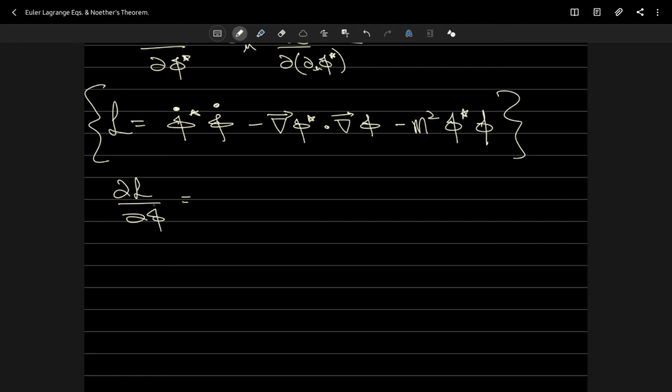I have derivatives in these first two terms, so those would be just 0. But in this term, we have phi star and phi. If I take the derivative with respect to phi, phi vanishes, it becomes 1, and we are left with minus m squared phi star. It's just like your elementary differentiation, right?